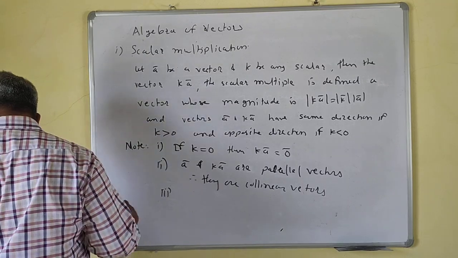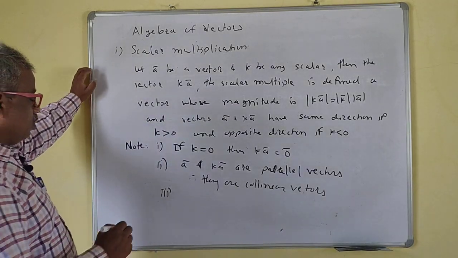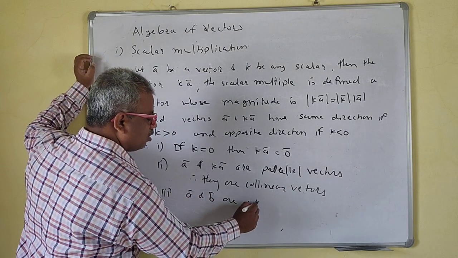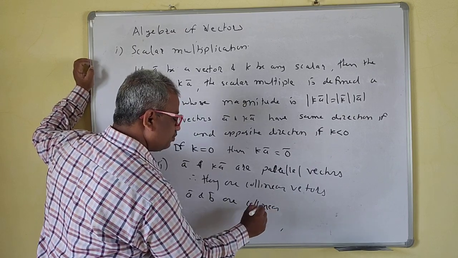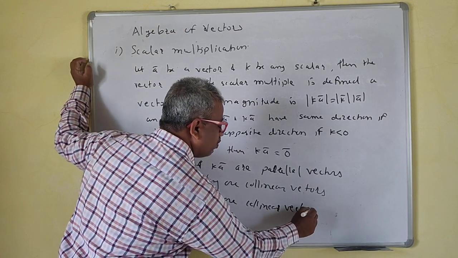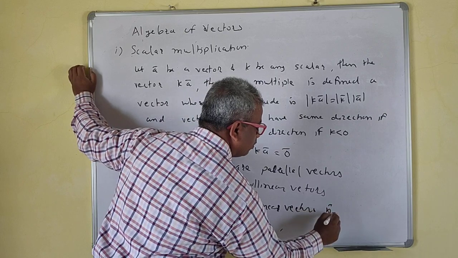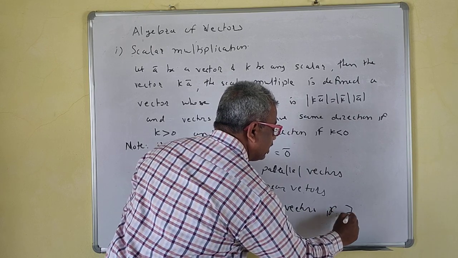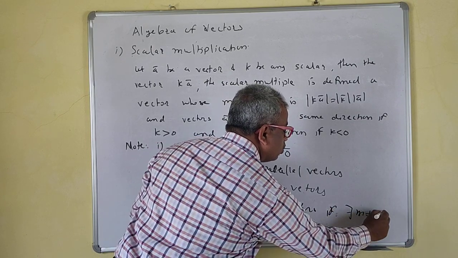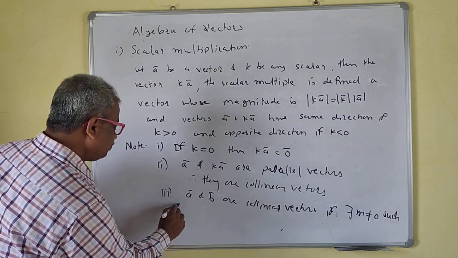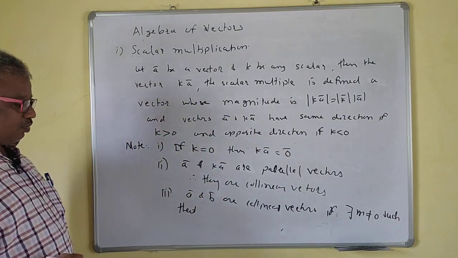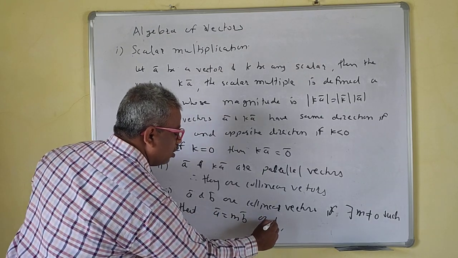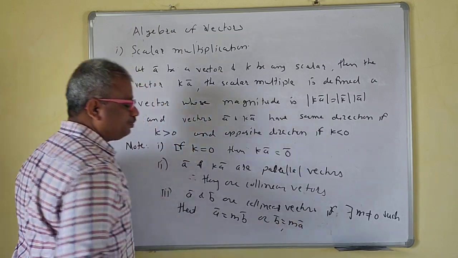Third one. With our definition, a bar and b bar are collinear vectors if there exists a scalar m not equal to 0 such that a bar is equal to m b bar, or b bar is equal to m a bar, right?